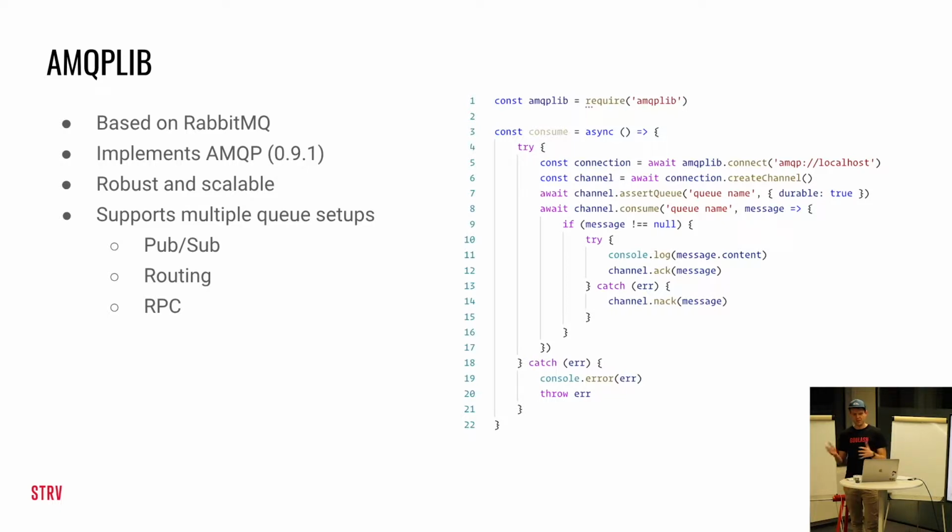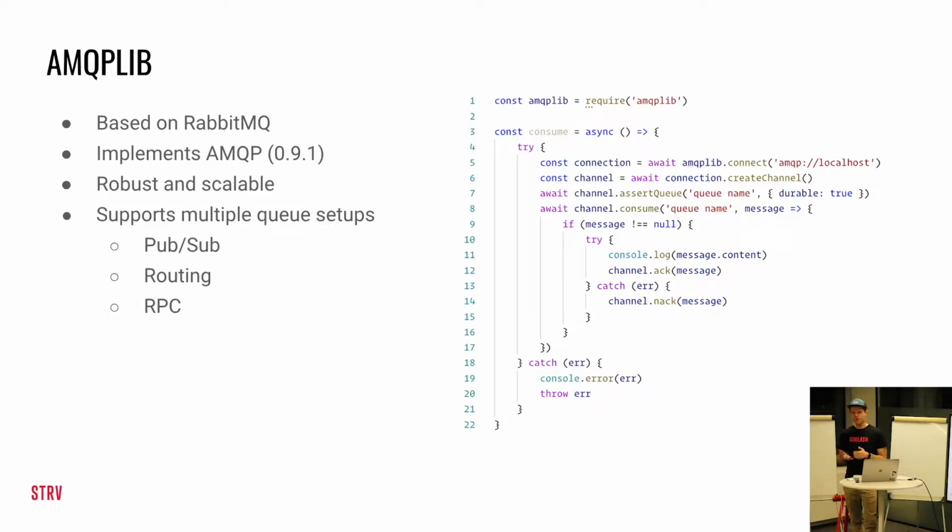In comparison, you need to write a lot more code. This is from a project I was working on quite a while ago, so maybe the API changed at this moment, I don't know. But it's exactly the same as the Bull example, with 22 lines compared to 10, I guess. Quite a lot. But RabbitMQ by design is more robust and scalable.